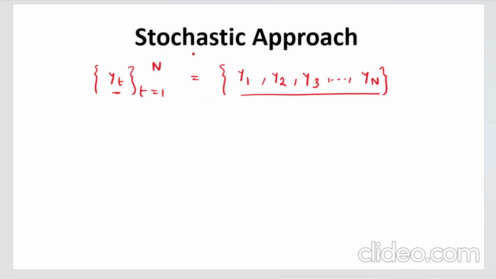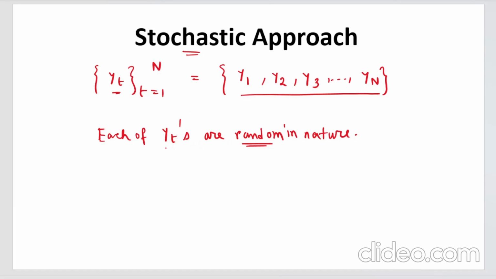Now, what we say in the stochastic process is that each of these yt's is random in nature. Let me explain what this means.